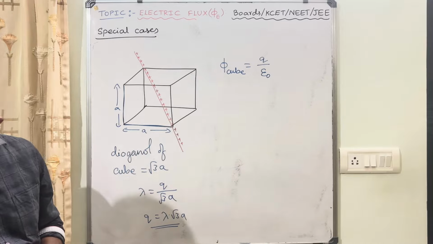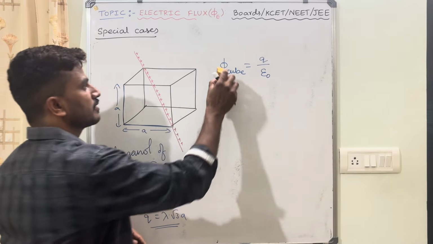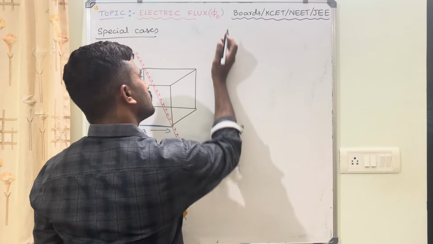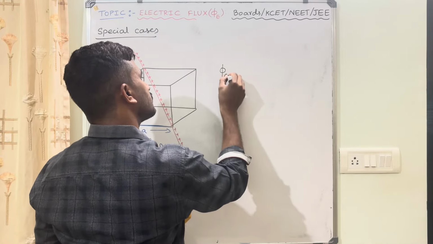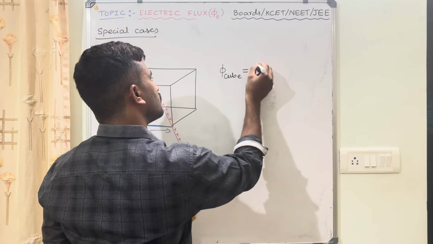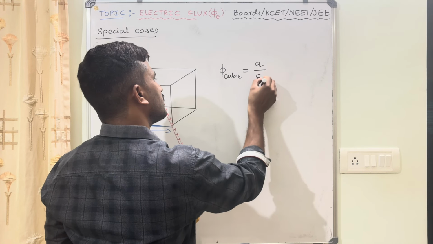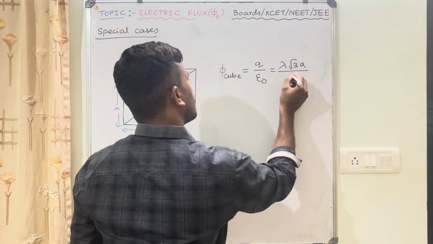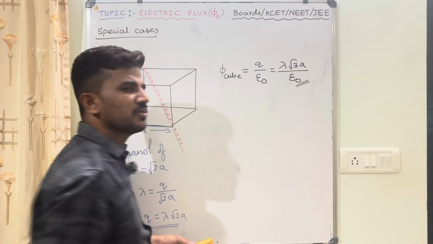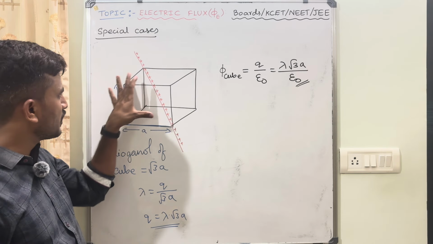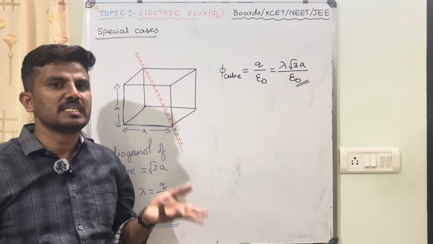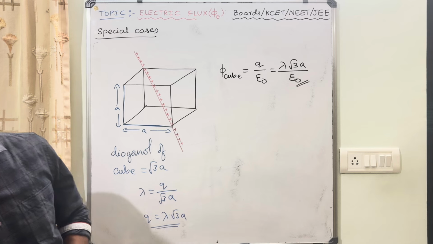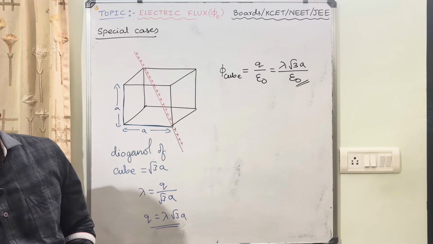So flux through the cube is equal to Q by epsilon naught, that is lambda into root 3 A divided by epsilon naught. Very simple. You just need to find out the total charge here. Use linear charge density. Like this, so many examples are there.